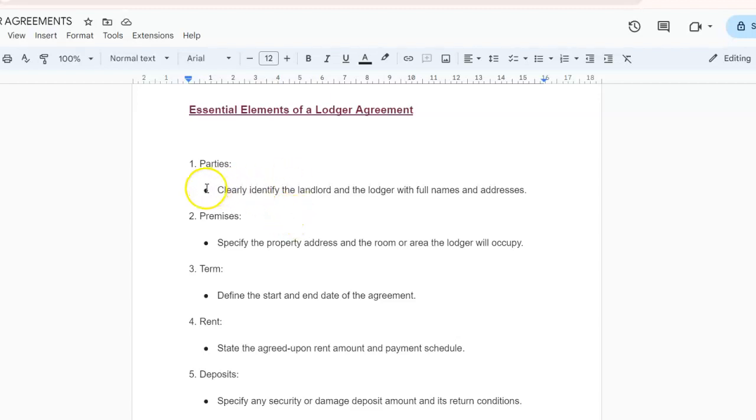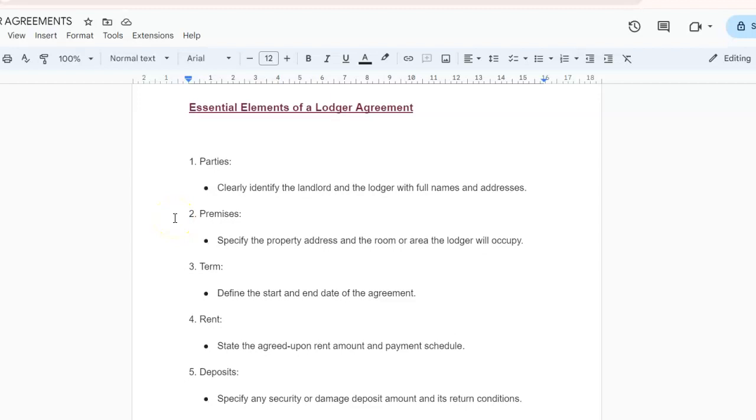Number two, it should include a segment for premises. So in this segment, you need to clearly define the specific room or area that the lodger will occupy. You also need to include any shared spaces. Remember guys, a lodger agreement is when someone occupies a room in your house. So it's not the entire house that they're renting out.